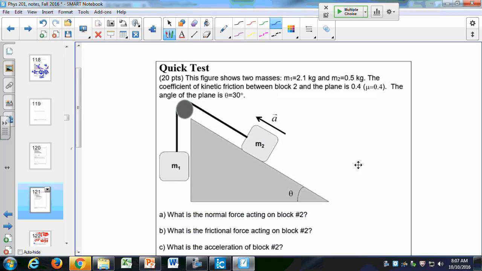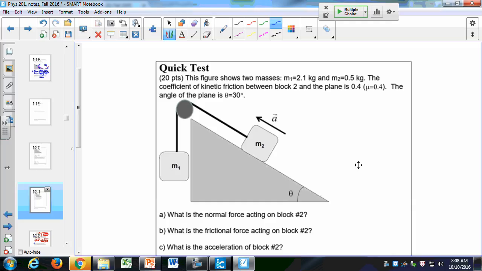Let's do this one. This is a two-body problem. Notice that it's accelerating. Be careful as to which direction it's accelerating. If you draw your x axis along this direction, is it positive or negative? And we're going to follow the same procedure. I have a tension in this rope. The tension that's felt here, by the way, is the same as the tension that's felt here.